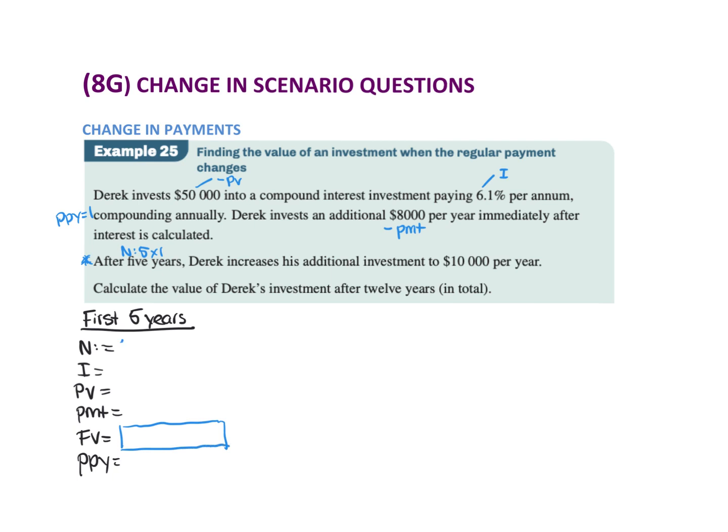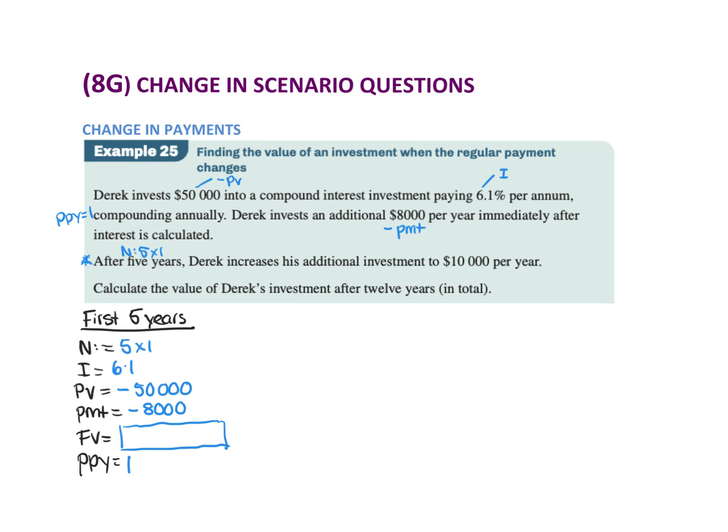So at 5 years annually, so 5 times 1, he's got an interest rate of 6.1. He invested $50,000 and his payment was negative $8,000. And we want to know what this final value is. We want to know where this investment is, and PPY is 1. So let's do that and find out the final value.